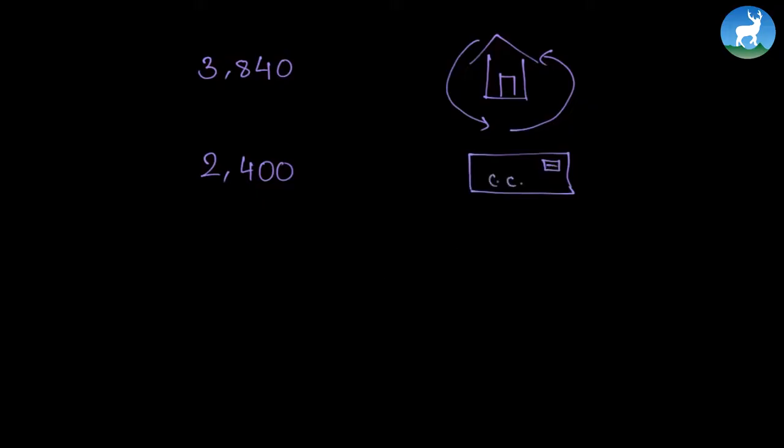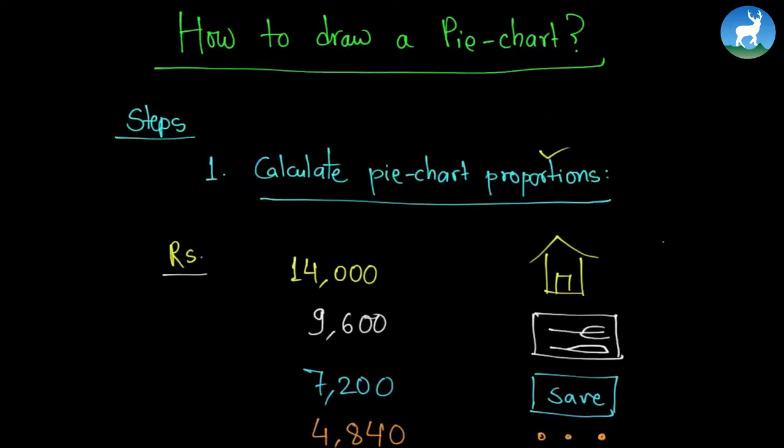This is all about the first step. What we did is we found out different kinds of expenses. 14,000 rupees is gone to your household activities, 9,600 is gone to your restaurant, eating thing, and after that 7,200 rupees is what you save in a month. Finally, 4,840 rupees is extra expense.